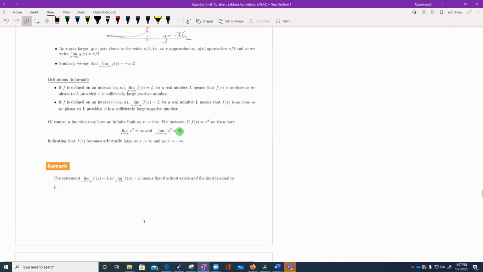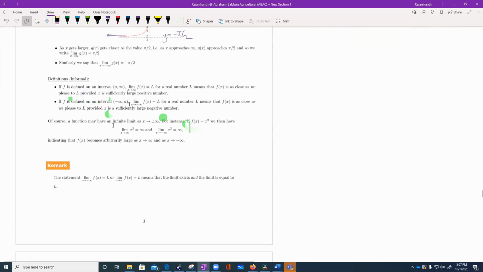So these are just the explanations and informal definitions. Like earlier, you could go back and check your chapters 1 and 2, where we had two definitions, informal and formal definitions of limit. In a similar way, here also you have two versions of the definitions, informal and formal.